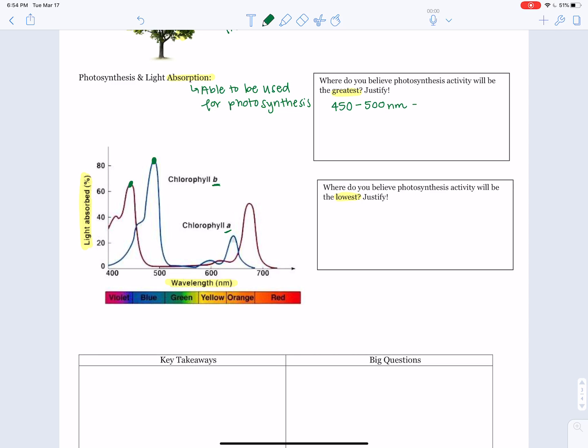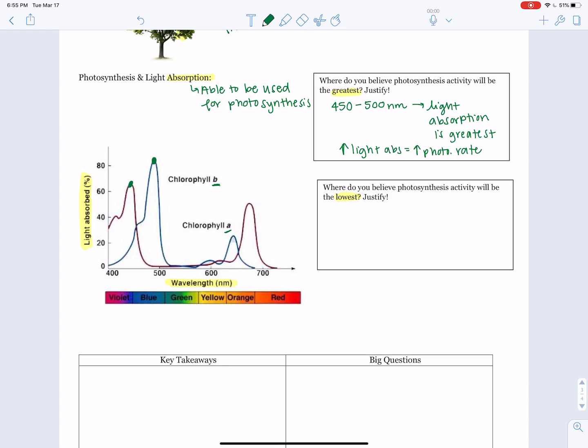And that's because the light absorption is the greatest there. So I'm going to have the most light absorbed by my chlorophyll that can be used for photosynthesis. So increased light absorption, increased photosynthesis rate.